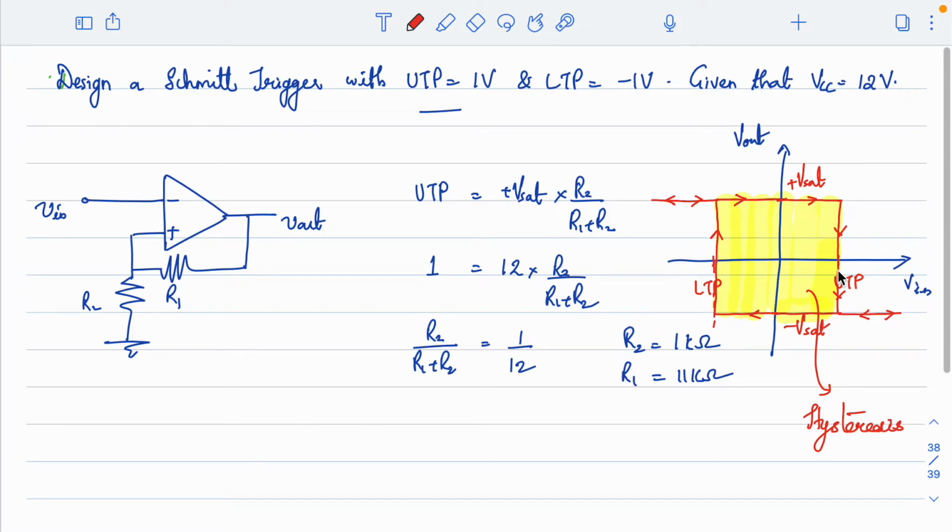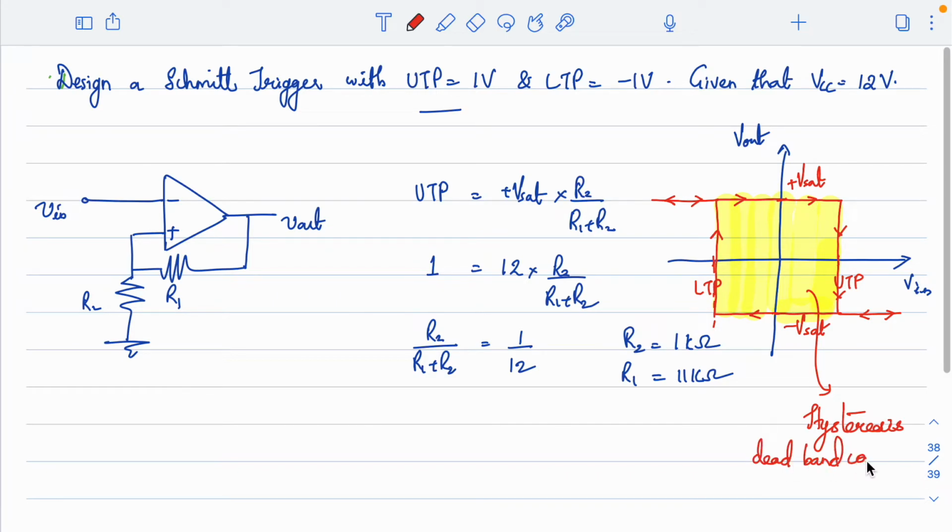When the input signal crosses UTP, it will change from the plus Vsat side to the minus Vsat side. Then again, when the input signal crosses LTP, it will change. So inside this, there is no detection. The state of the Schmitt trigger will not change within this box, and this region is known as hysteresis, where there is no change, or this is called a dead band condition.